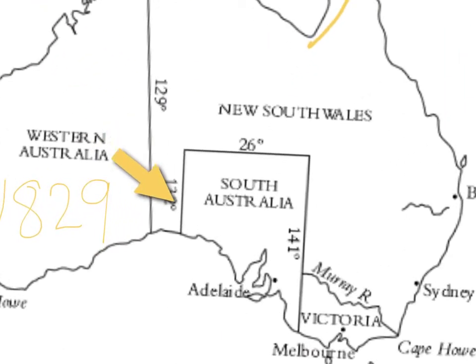South Australia, as we can see here, took a chunk out of New South Wales, and this happened in 1836.